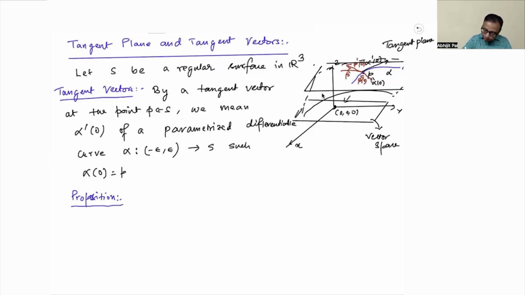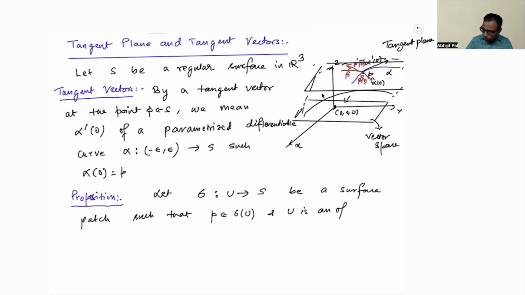So let sigma: U to S be a surface patch, such that P belongs to sigma(U) and U is an open subset of R2.